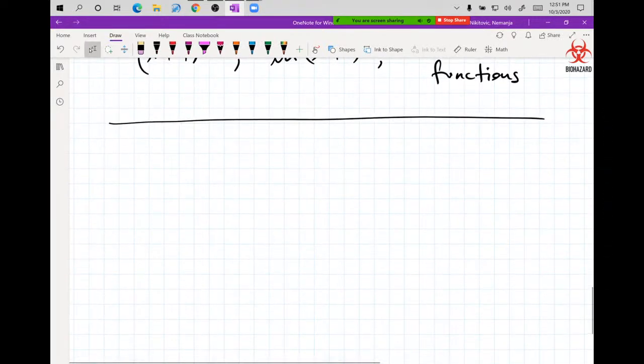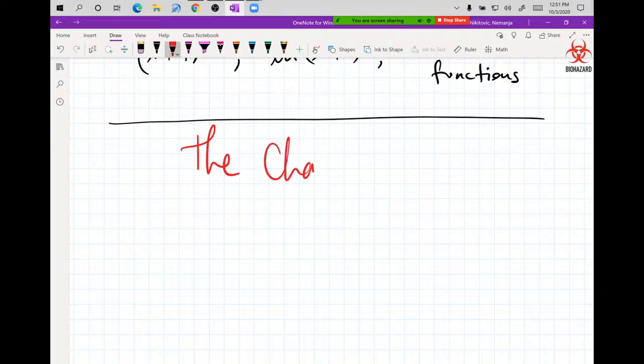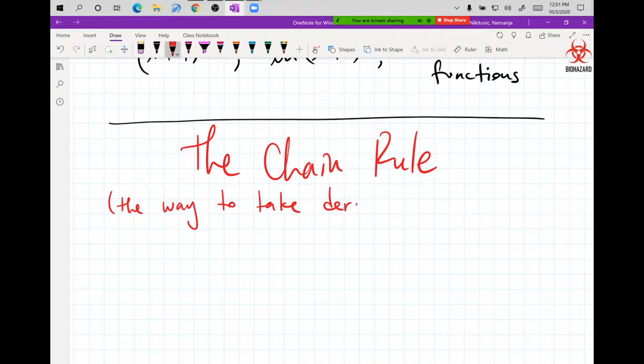Now, finally, we are there to talk about the chain rule. The way to take derivative of composite functions.